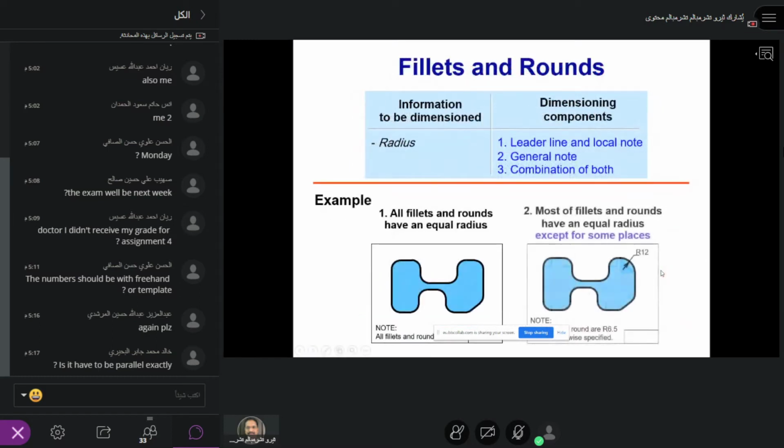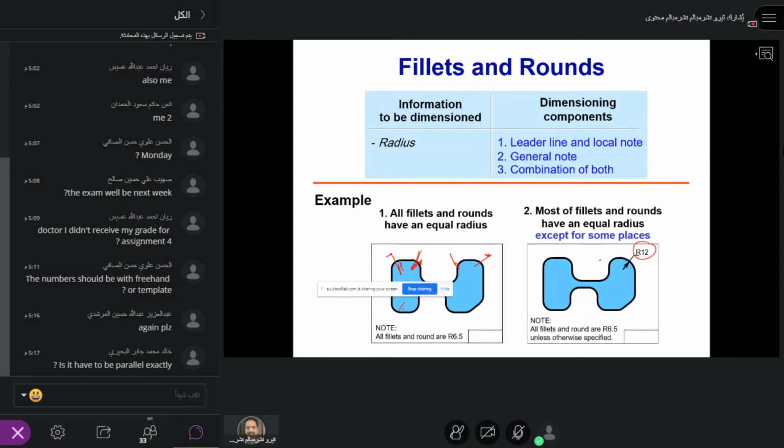The fillets: if there are so many fillets here, R3, R3, R3, all radius 12, you don't mark every R radius, because then this drawing will become a mess. Don't do that. If all the radii are the same, then you write below that all fillets and rounds are R6.5.